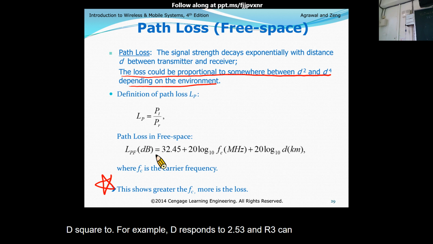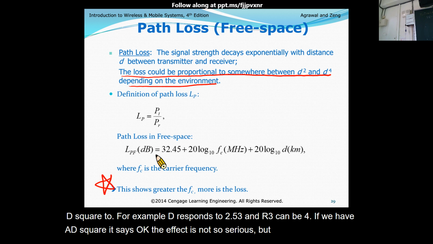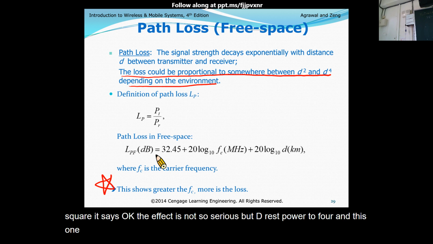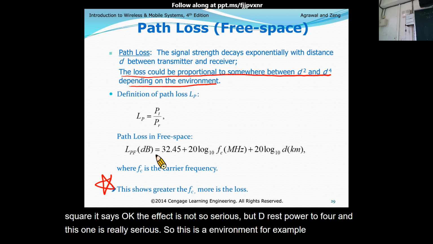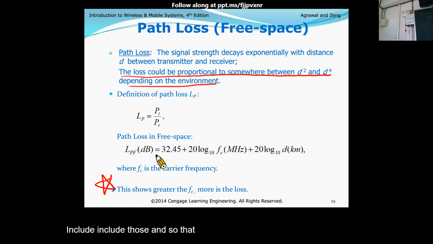If we have d squared, the effect is not so serious. But d raised to the power of 4 is really serious. This is the environment, for example, in a metropolitan area, because we have many interferences. So how about the loss coming from the path loss?